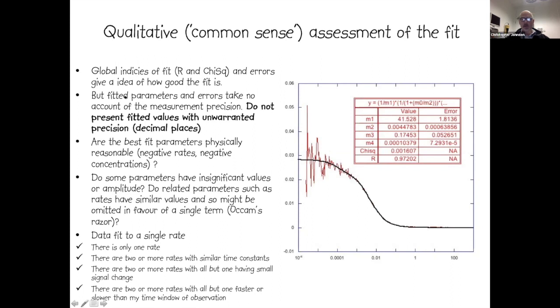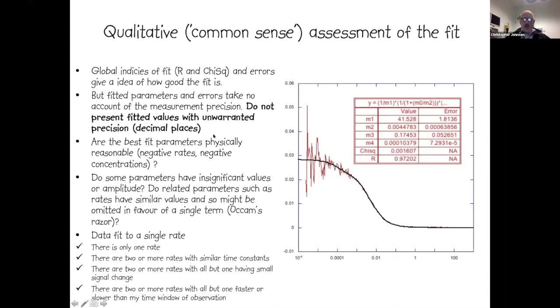But it's important to bear in mind that the fit parameters that you obtain here and the errors on these fit parameters do not take any account of your measurement precision. So please do not present fitted values with these unwarranted levels of precision, all these decimal places, unless your measurement justifies that.